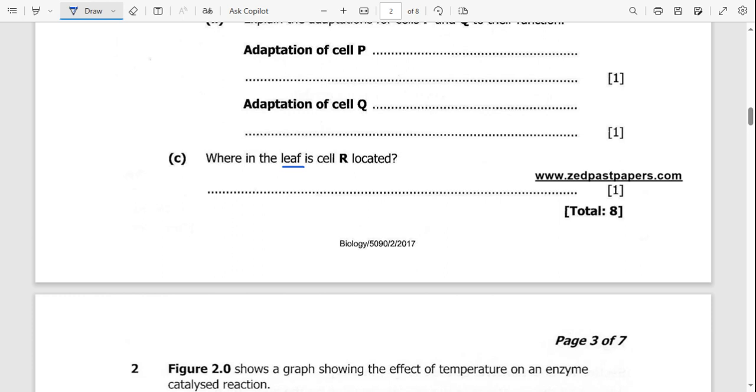It is involved in photosynthesis. So where do you want to find it? You find this cell on the upper part of the leaf that is exposed, where sunlight can be trapped, because remember, for photosynthesis to happen, there is need for sunlight. So you want to find it on top of the leaf here. Okay.